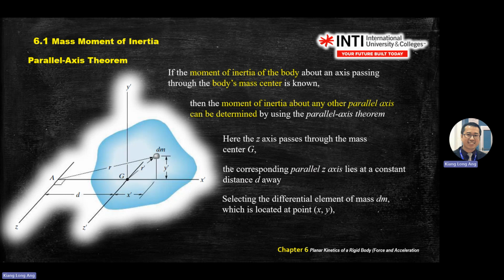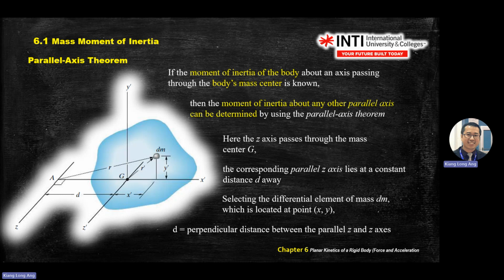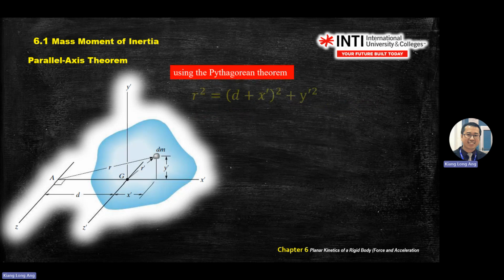So again, D must be perpendicular, 90 degrees to the two lines here. Then you use the Pythagorean theorem, R square equals D square plus this distance square, because this is a triangle with a 90 degree angle.